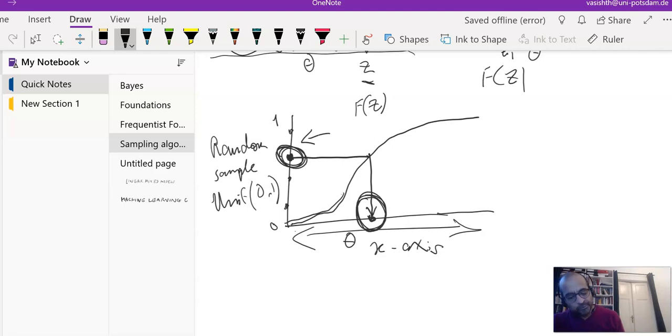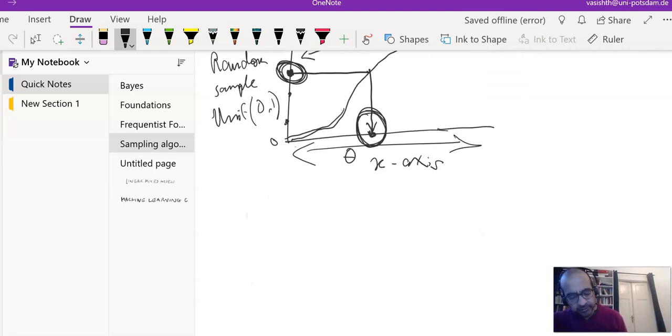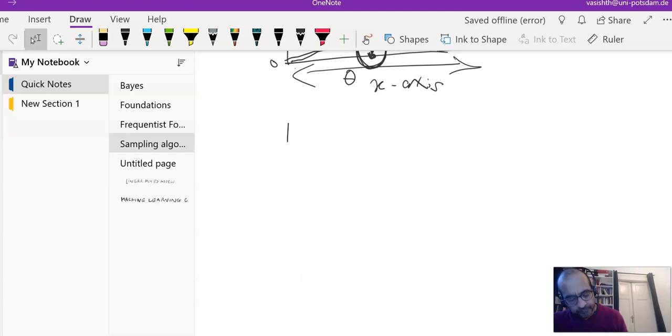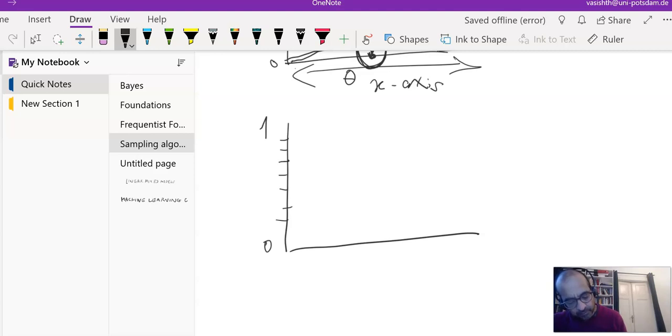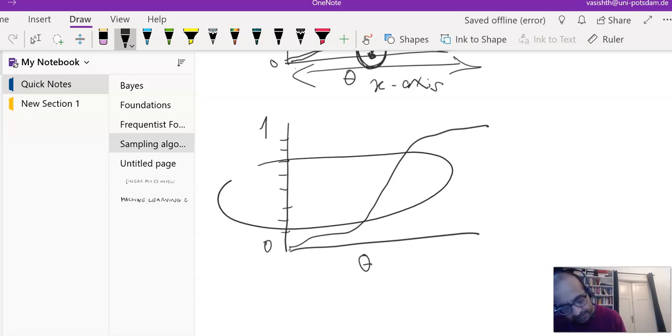So what will happen is the following. I'm randomly sampling from numbers between 0 and 1, which means I will get values between 0 and 1 with equal probability. That's what a uniform distribution gives me. But because of the shape of the CDF, which will have a shape like this, most of the time I'm going to land in this region here.